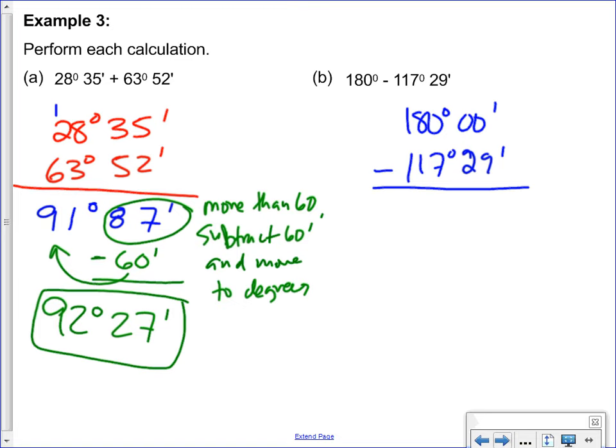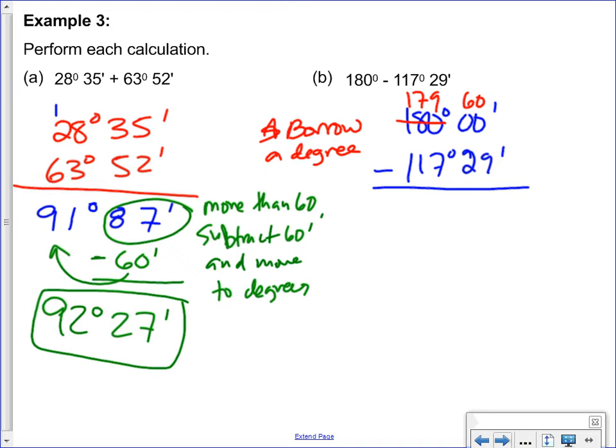So in this case, you need to borrow a degree and change it to minutes. So instead of 180 degrees, take away 1 degree. So what is that? 179. So it's 179 and transfer that degree into minutes. So this would be 60 minutes.